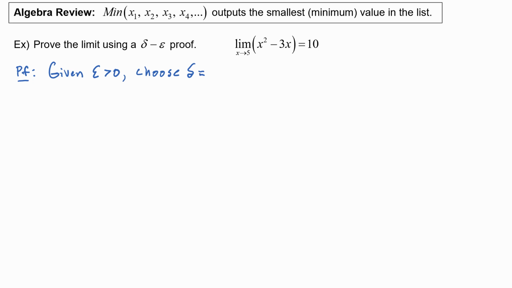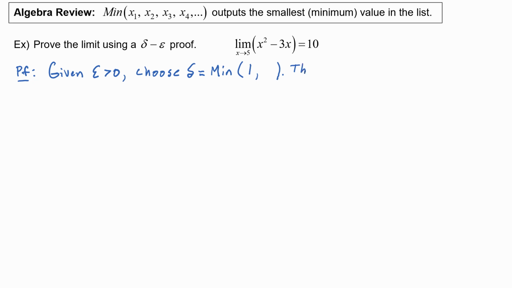We are going to make use of this minimum function here. So delta will be the minimum of the following two numbers, 1, and then whatever it is we come up with for delta later in our proof. We don't know what this is yet, and I'll explain how we're going to use the 1 in just a minute.